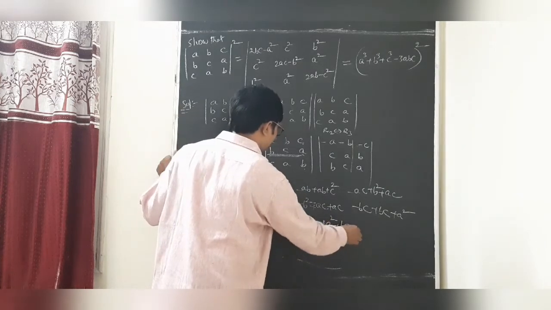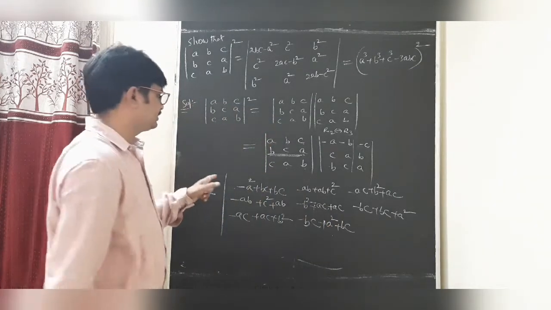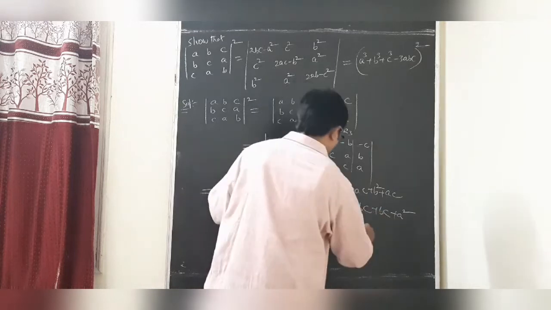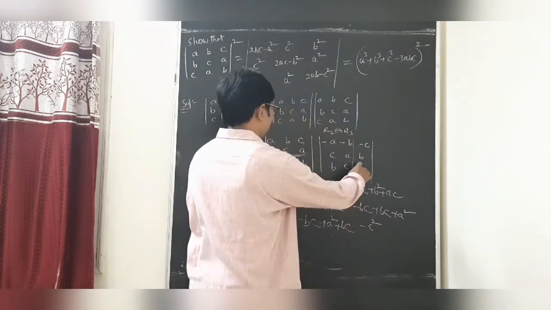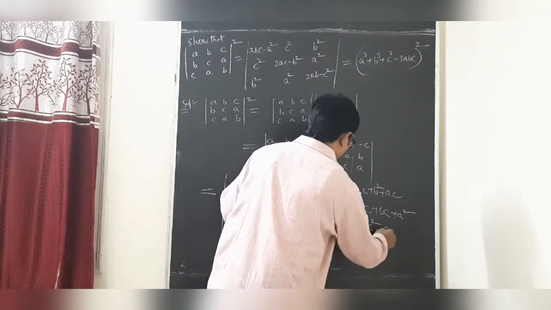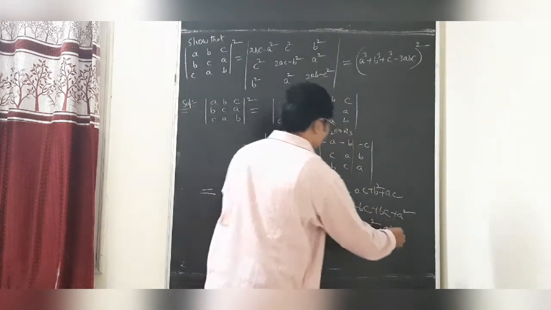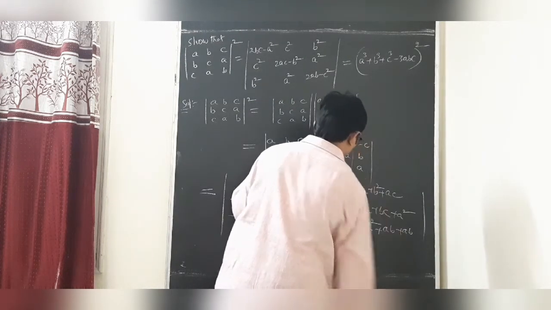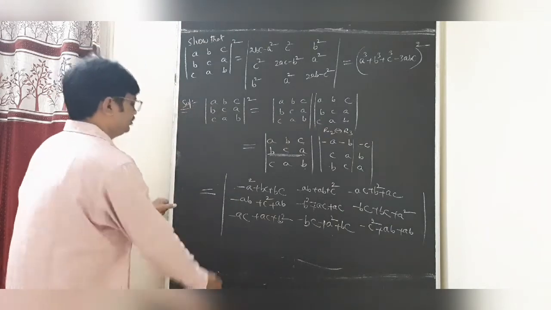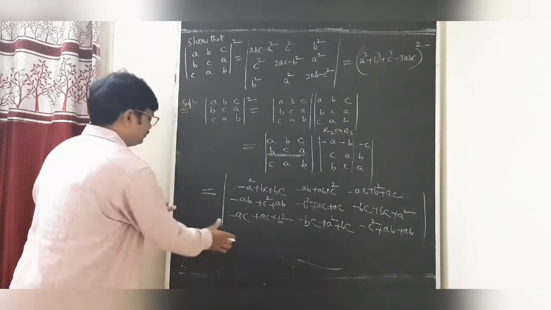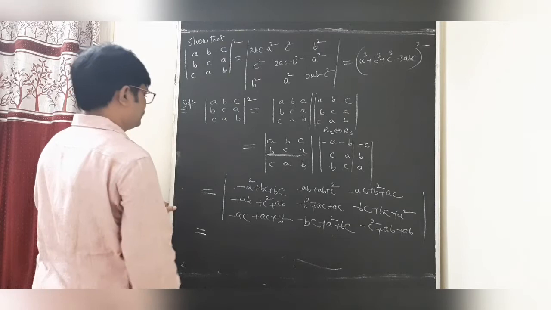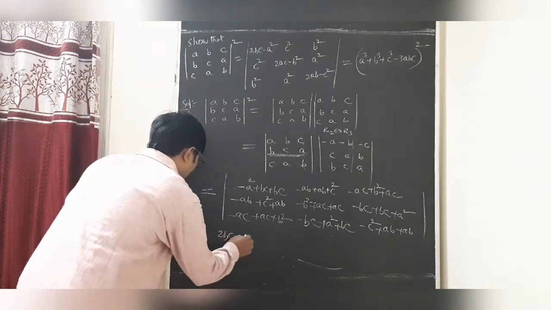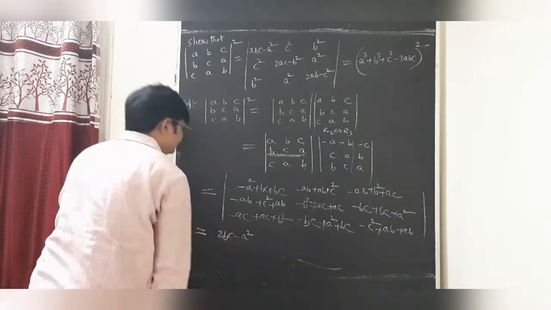After that, plus BC. Dear students, this is minus of C square plus AB. Yes, this is also AB. Dear students, how can you write this? BC plus BC, yes, 2BC minus A square.